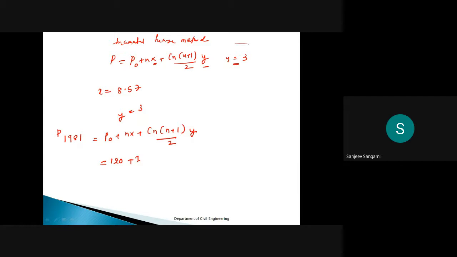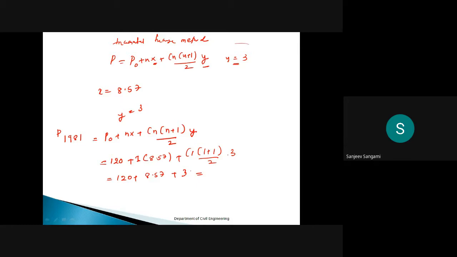Then x we already calculated, that is 8.57, plus 1 into 1 plus 1 divided by 2 into y, that is 3. So 1 plus 1 is 2, 2 divided by 2 is 1, then again multiply by 1. It will be totally 3.